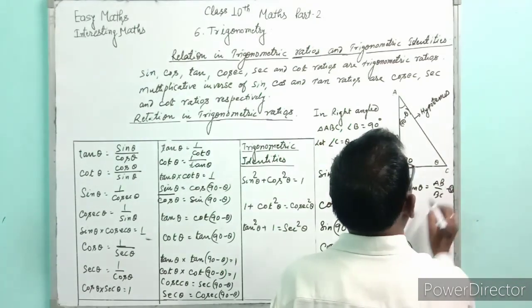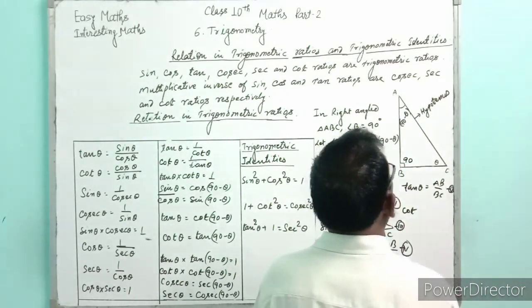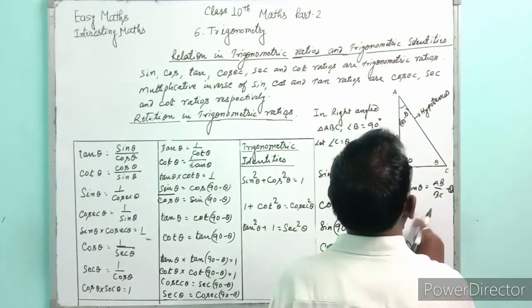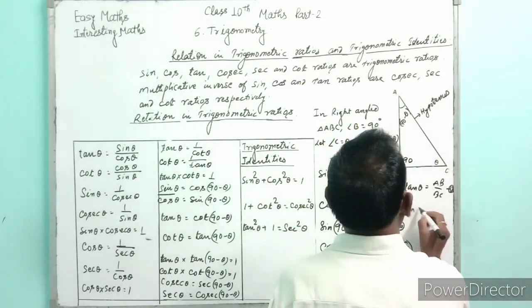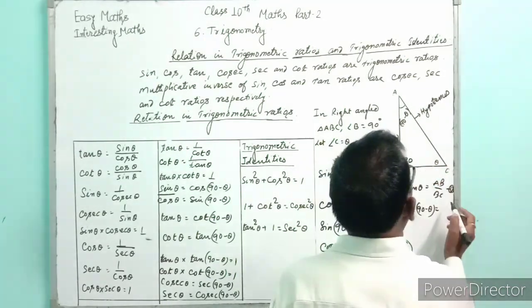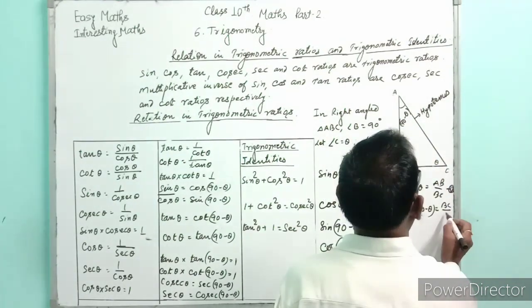This is number 5. Tan 90 minus theta is equal to BC by AB.